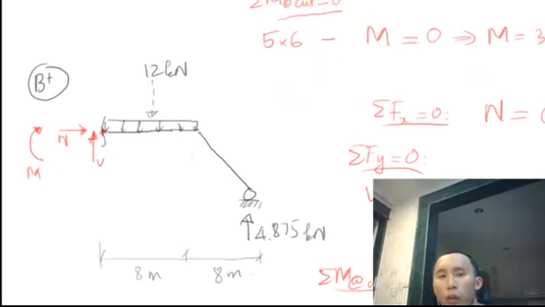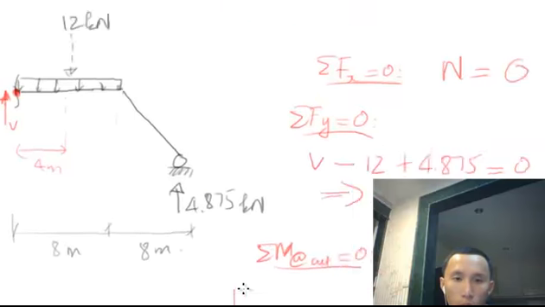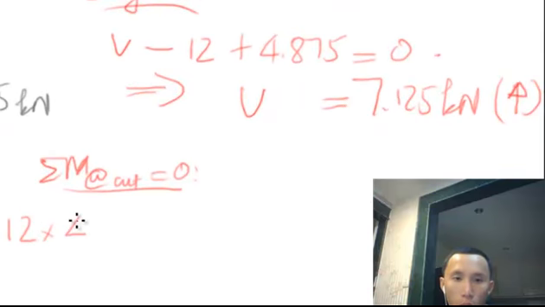Now what we have is 12 here. So 12 times the distance from the force to the point, which is 4 meter, half of 8 meter. 12 goes clockwise around the cut, so positive 12 times 4 meter.